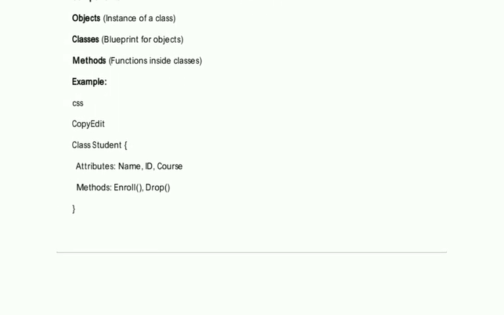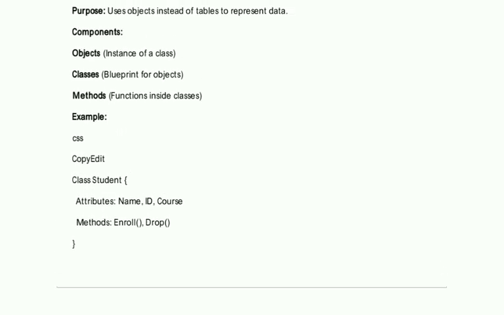But in the given question, they have mentioned only three options here: DFD, state transition diagrams, and ER diagrams. So all these are analysis models. That's why option 3 is the correct answer.